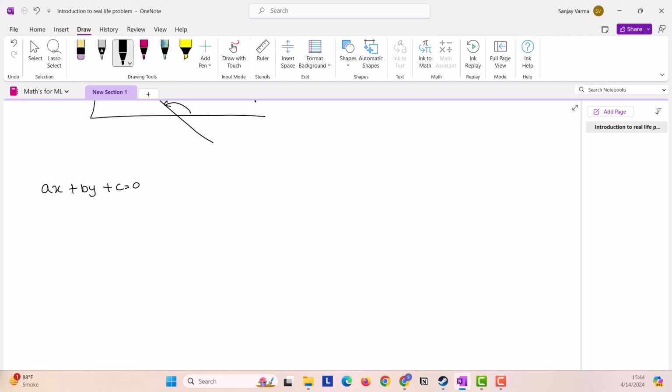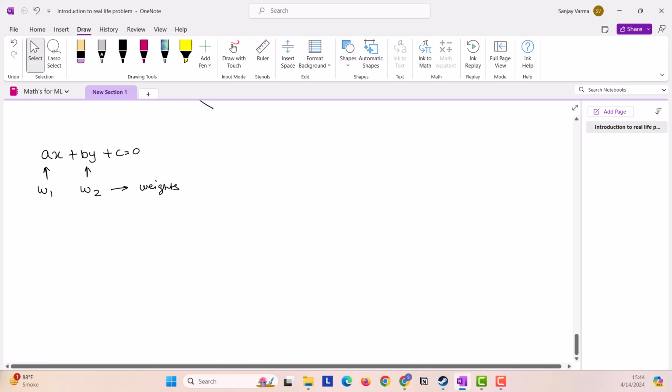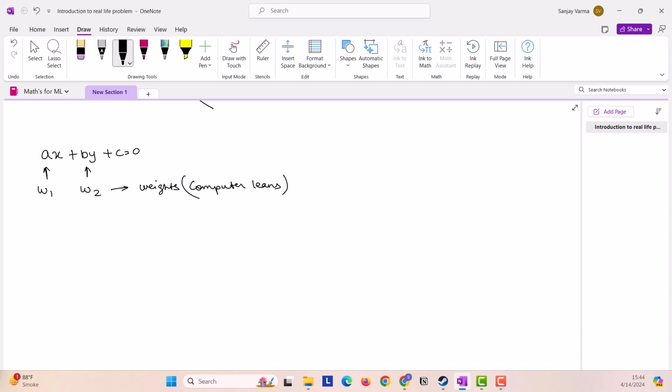Now here a and b are called W1 and W2. In ML context, these are referred to as weights, and this is what the computer learns. We look into these in more detail in future, but for now, this is the basic idea behind it.